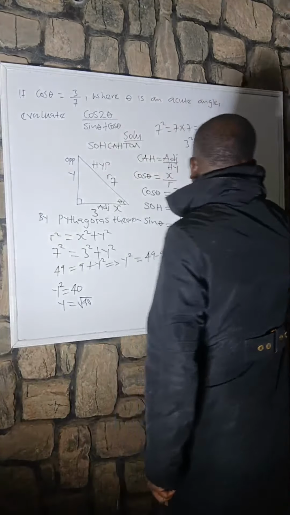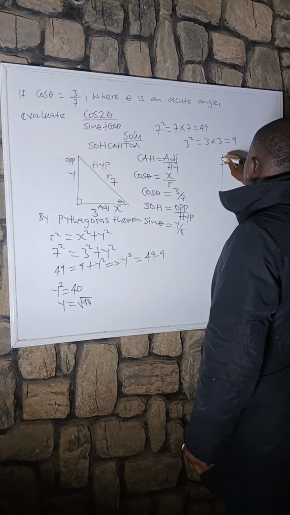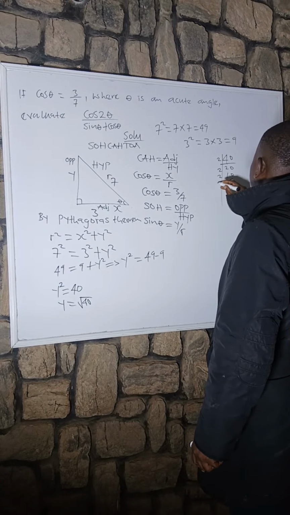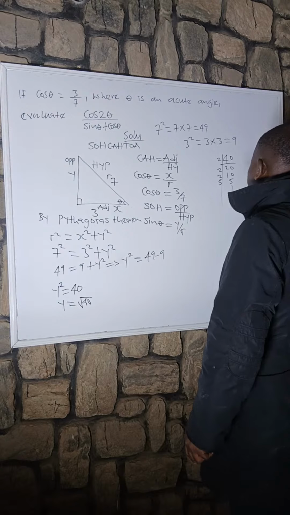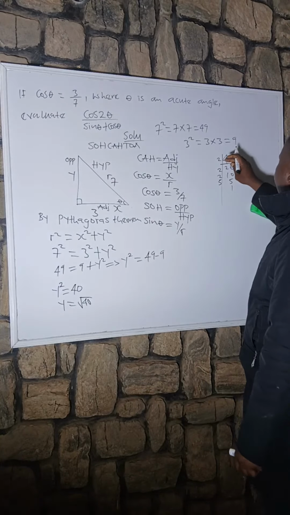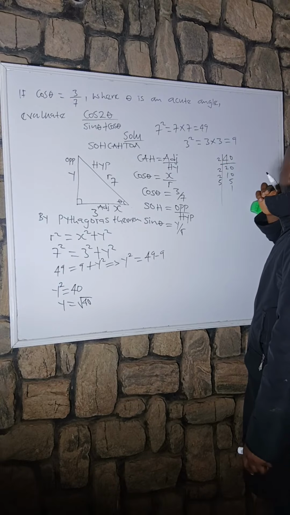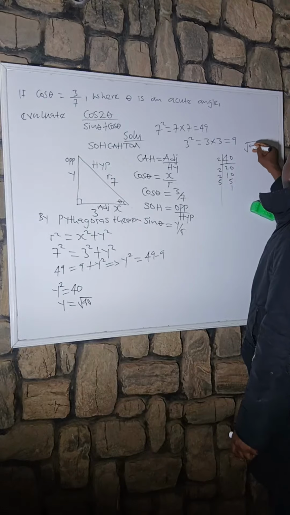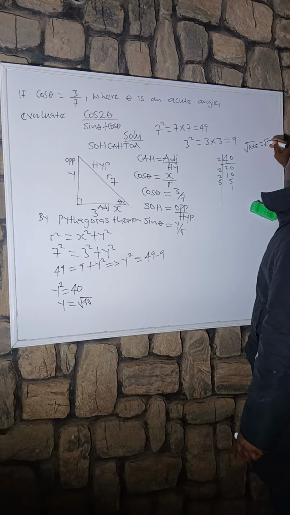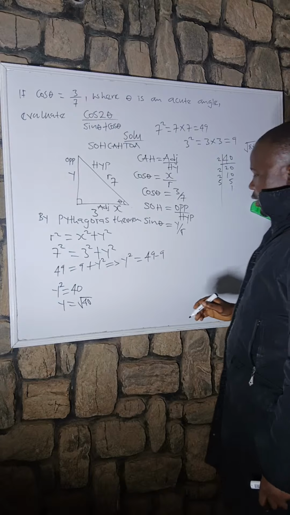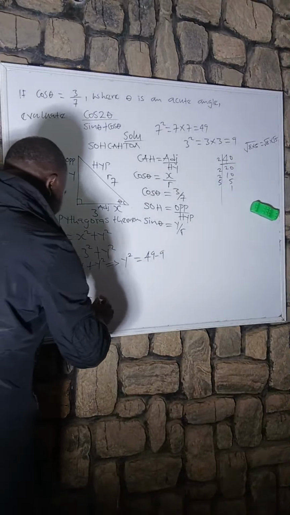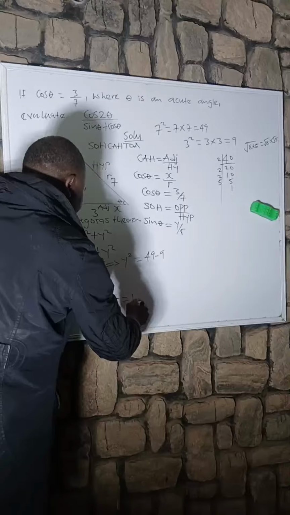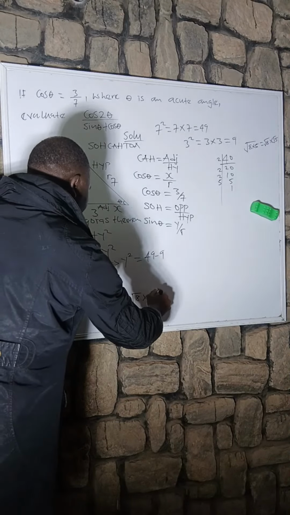Let us try it this way. 40 is 2 times 20, 2 times 2 times 10, that is 2 times 2 times 2 times 5. So the square root of 8 times 5 is the same thing as the square root of 8 times the square root of 5.